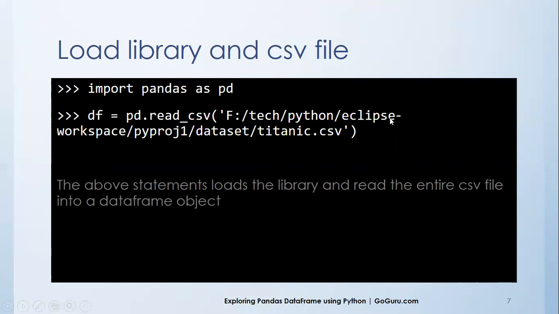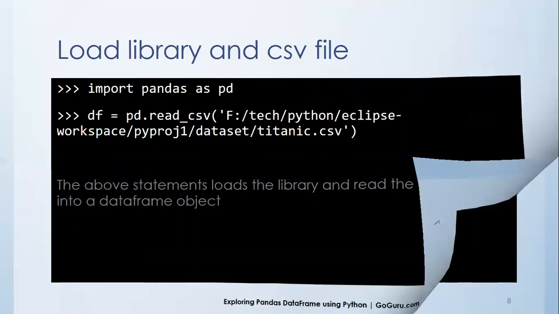I am giving my full location with the titanic.csv, and it will read this entire object and place it inside a data frame. We are going to call that data frame in a variable called df for data frame. So we have loaded our library, and we have the data frame ready to start playing with our data.